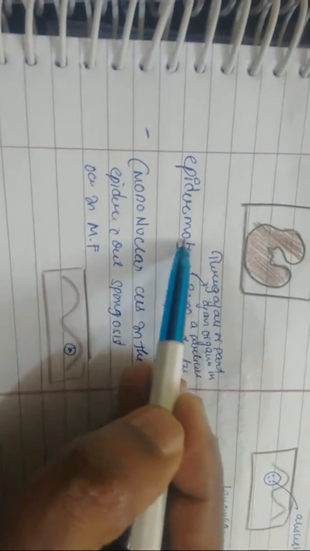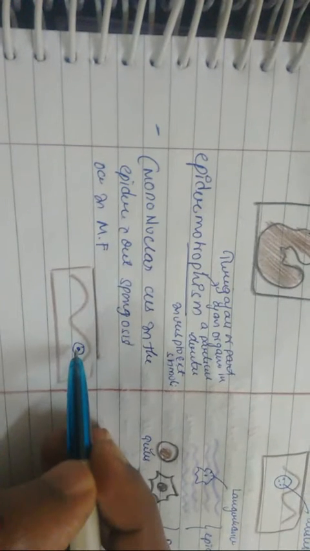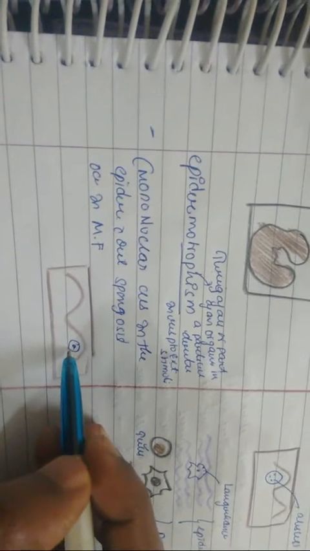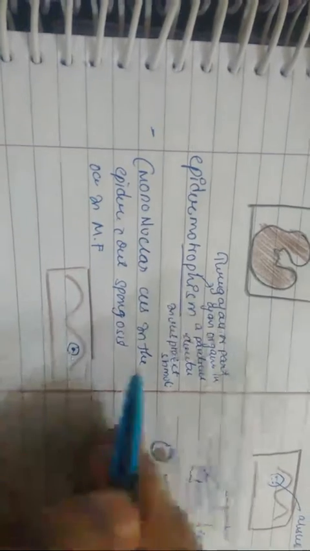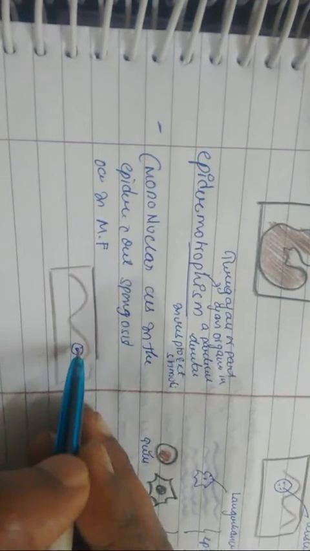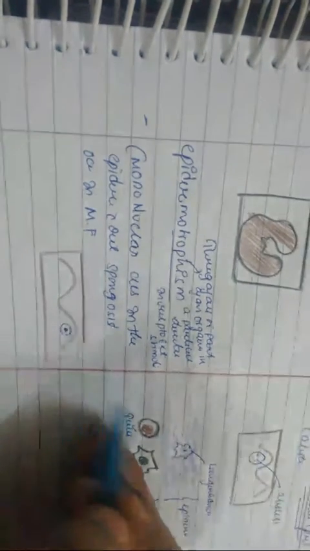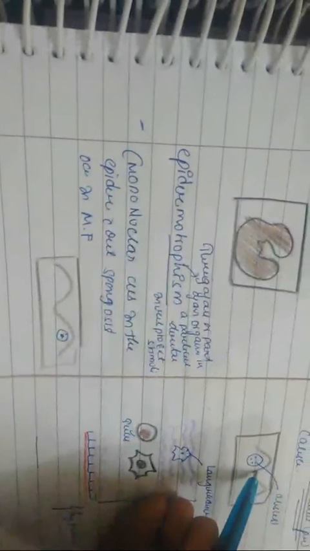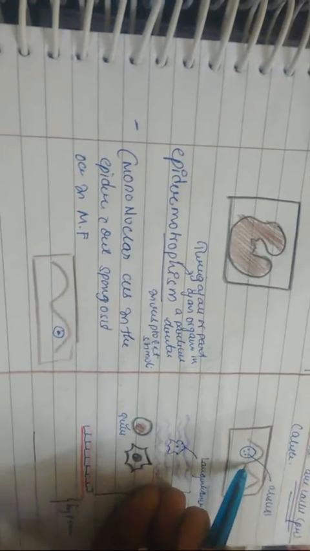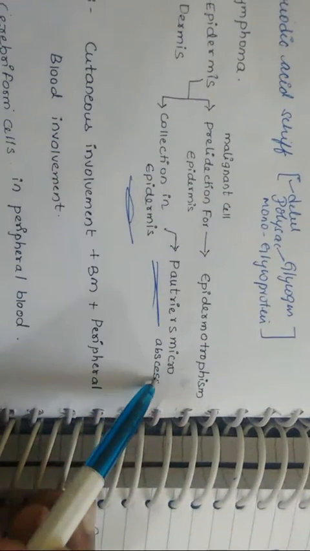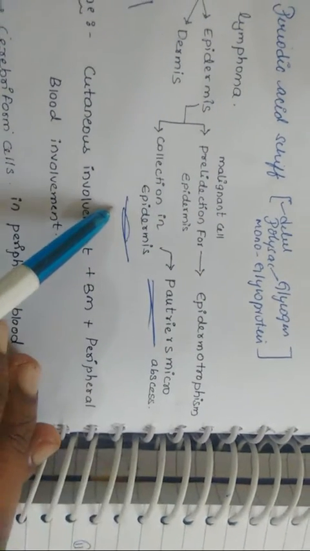Because this single malignant cell is turning off, that means from normal it's becoming abnormal. So if there is one cell, you get epidermotropism. Later there is a collection of tumor cells, like an abscess, and we call it Pautrier's microabscess.